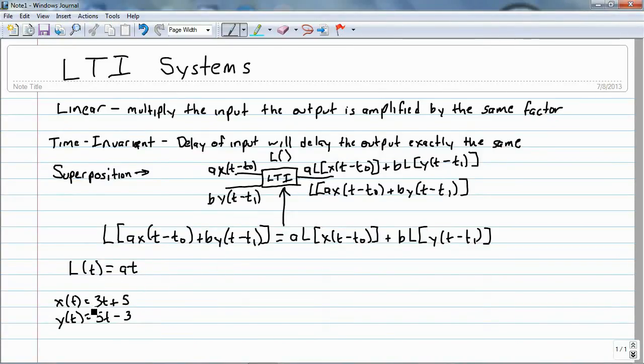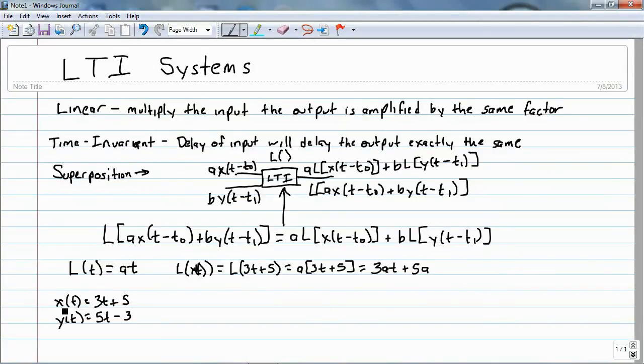So now we can put each of these functions into our box here. So we've got L of x of t, and that's going to be L of 3t plus 5, and that's going to be a times 3t plus 5, and then we're going to have 3a t plus 5a.